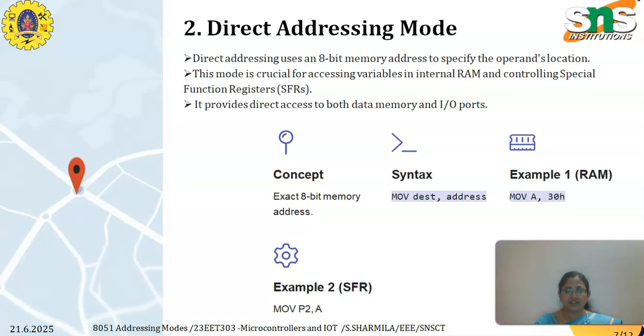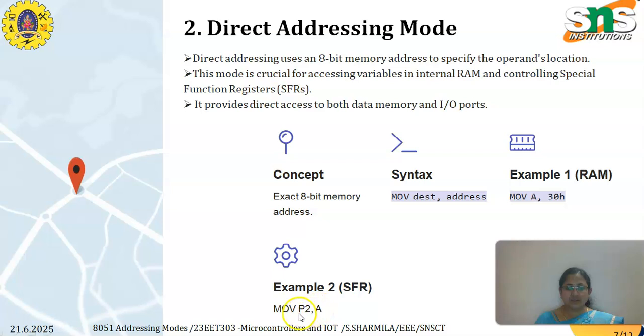It provides direct access to both data memory and input-output ports. The concept is an exact 8-bit memory address. The syntax is MOV destination, address. For example, the value at address 30H is moved to register A.